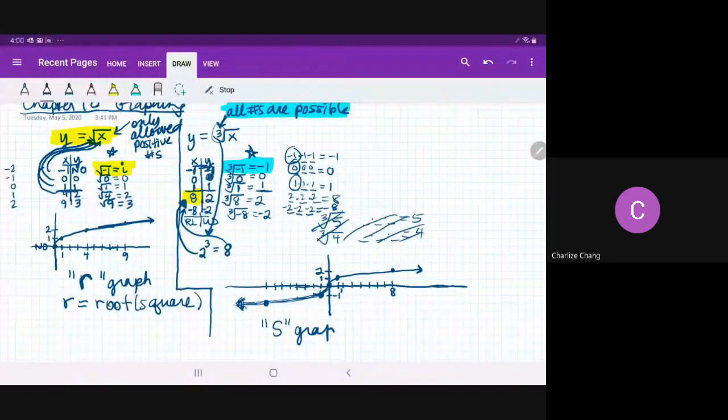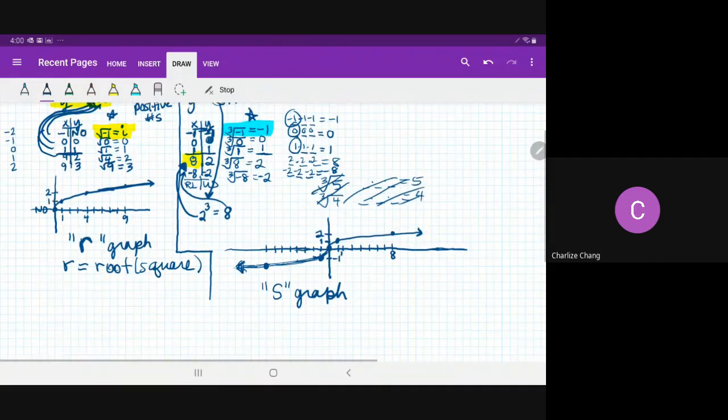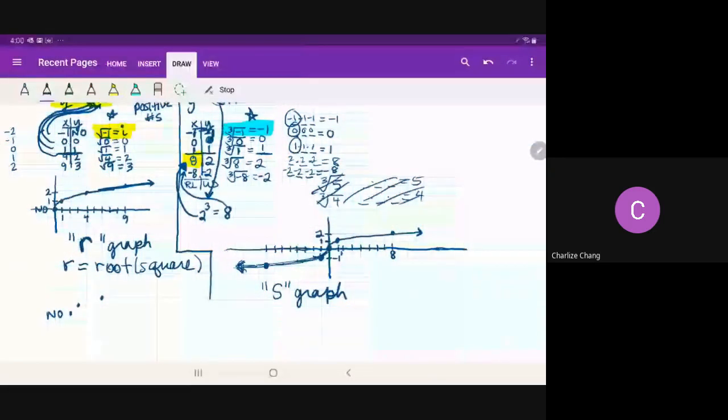Now the S graph has no nose. Okay, and one of the confusions that people have on the R graph is they'll draw the R graph like this. I just drew those dots in space, but they draw it this way and they pass this one. And then that's not what the graph looks like. So what helps is when I put no over here, then I know don't pass it.